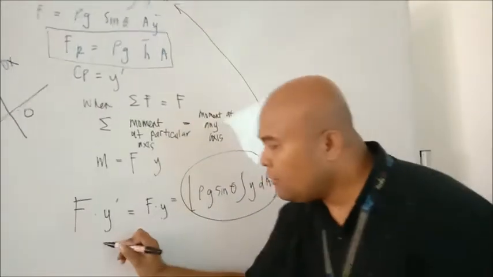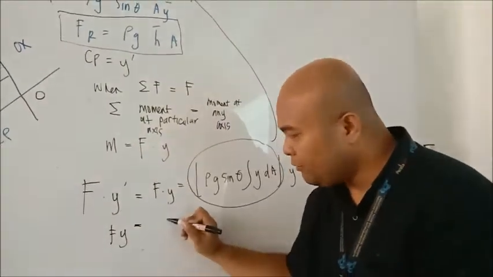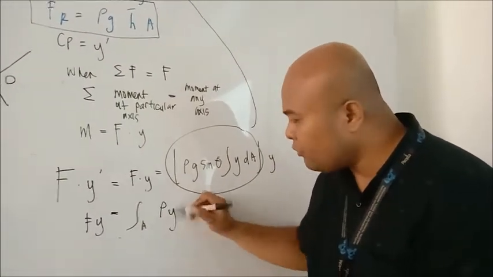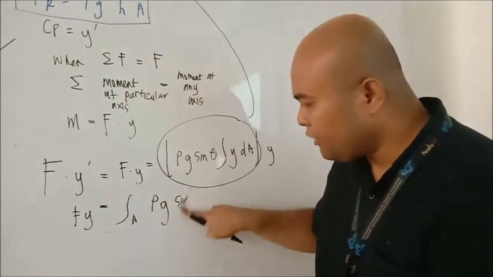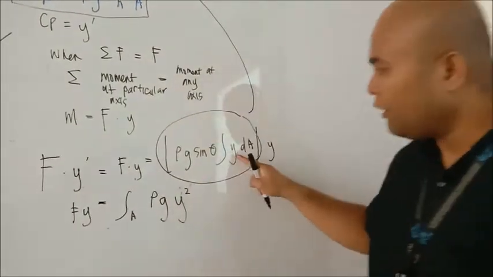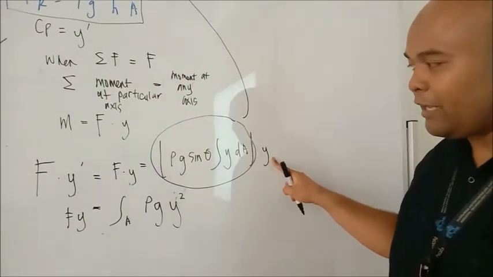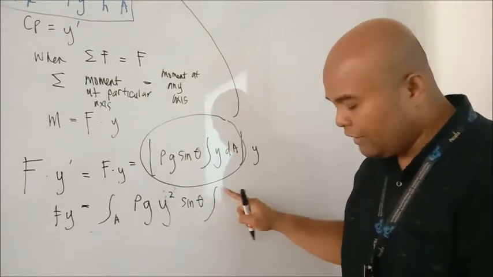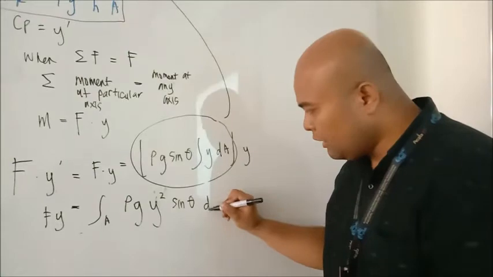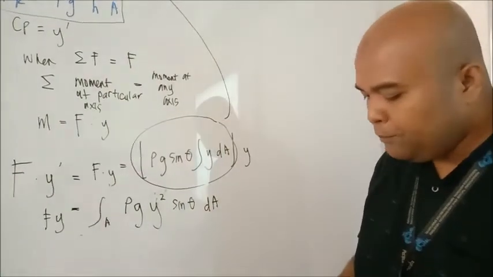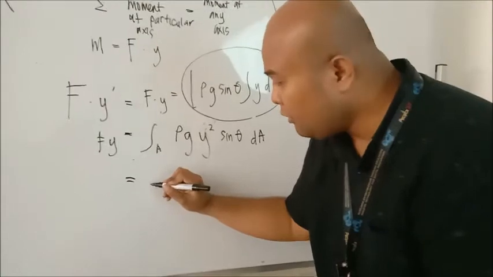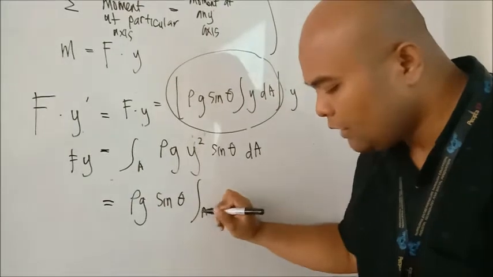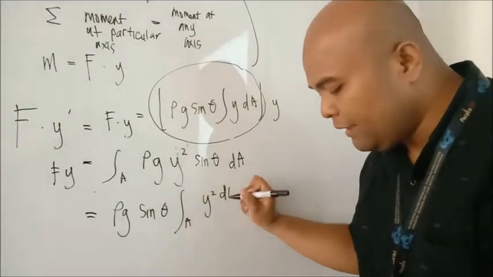Then we modify the equation, becoming the integration over A of rho g y squared sin theta delta A. The y here is multiplied with y. At the end we will have rho g sin theta, integration of A y squared dA.